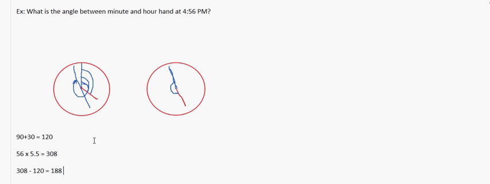The final angle between them, the final position of the clock, is 188 degrees, right? So the final angle between the minute and the hour hand is 188 degrees. So this is how we do it using the relative speed concept, right?